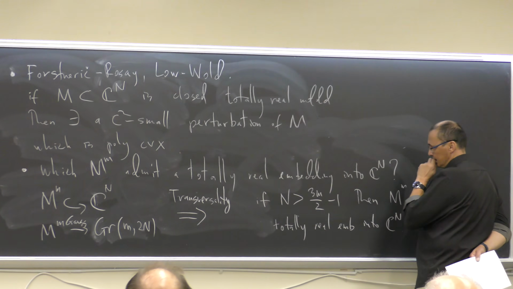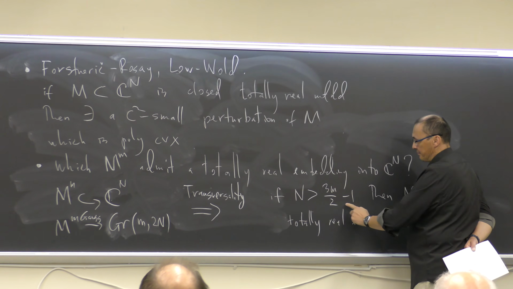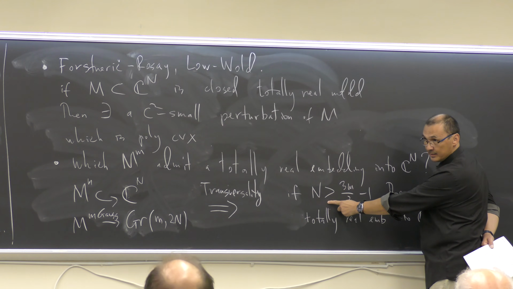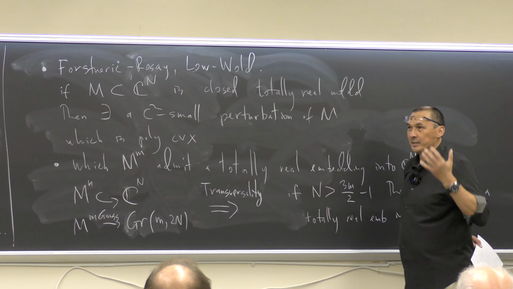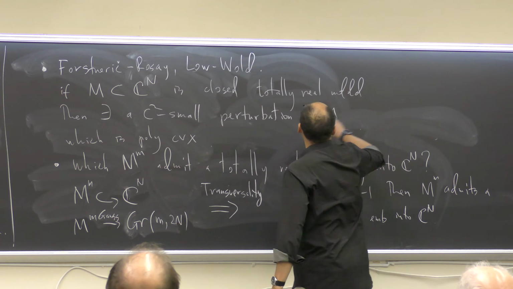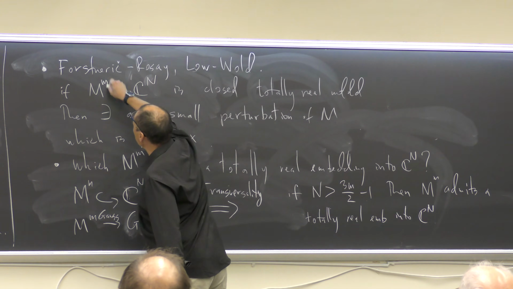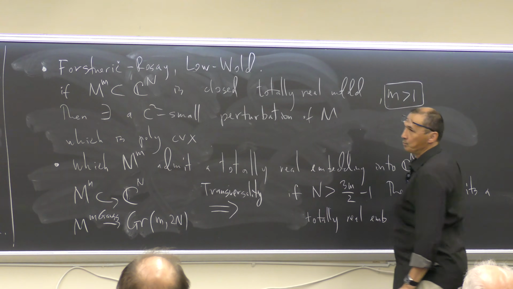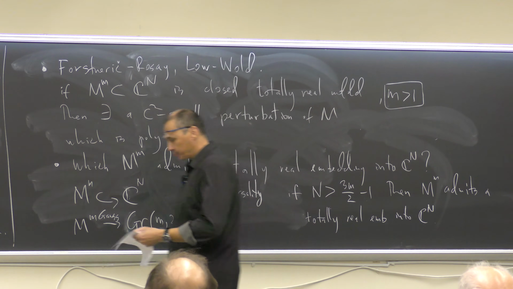So if m is equal to 1, you have 3 halves minus 1, so it's a half. So 1 will work. So S1 can be embedded as a totally real manifold in C. Here, that theorem: so here I can say m has to be bigger than 1. Yes. Thank you.